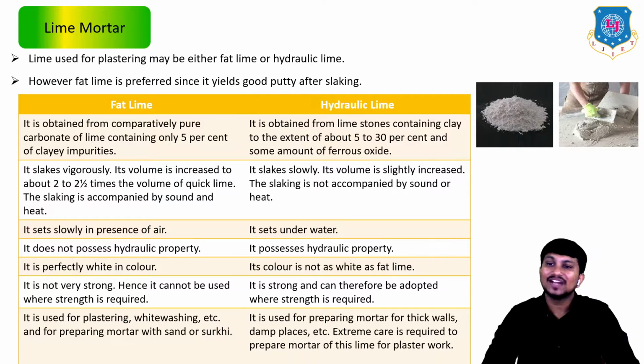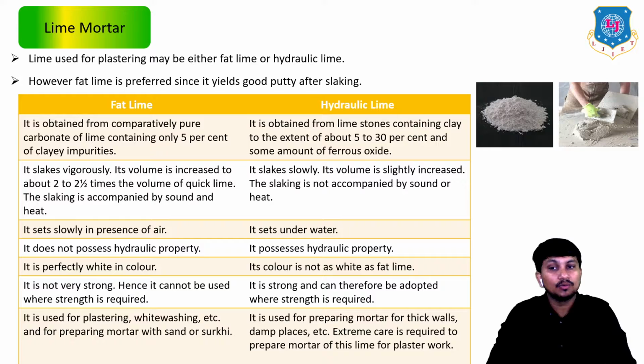Fat lime sets slowly in presence of air, while hydraulic lime sets under water. Fat lime does not possess hydraulic property, while hydraulic lime possesses hydraulic property also. Fat lime is perfectly white in color, while hydraulic lime is not as white as fat lime.